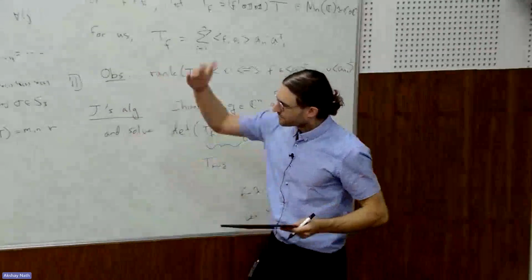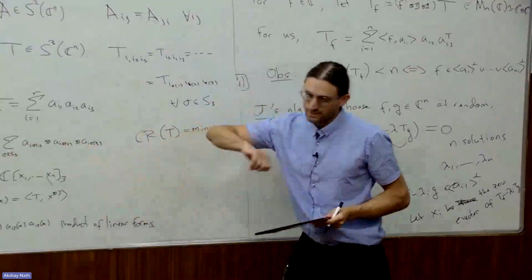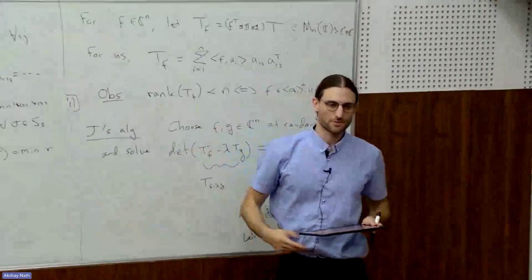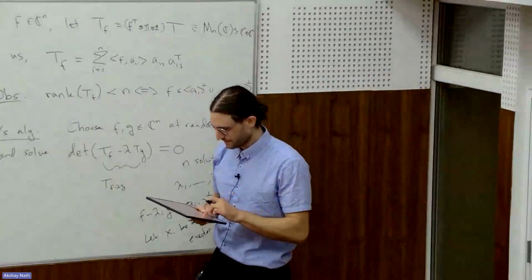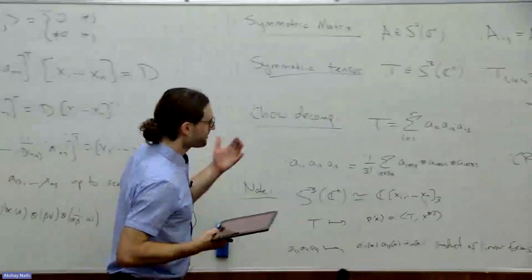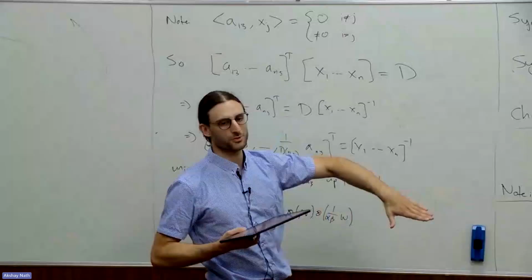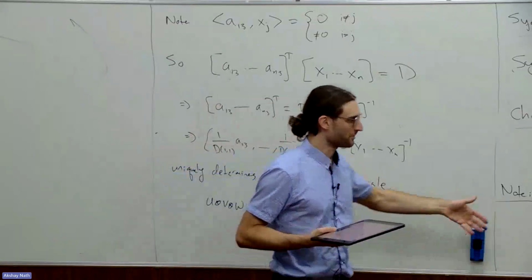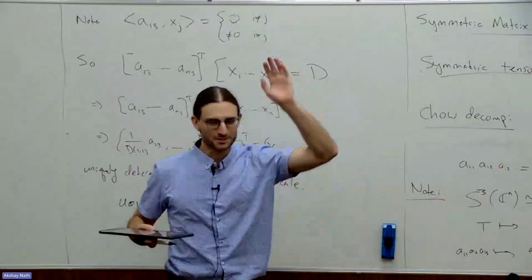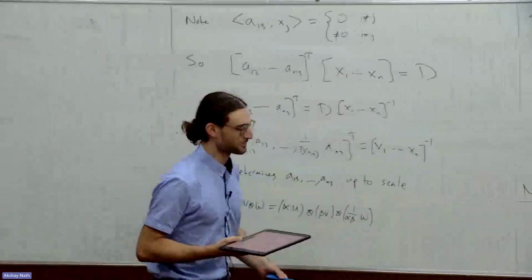If you view everything this way, you're trying to decompose a homogeneous polynomial into a sum of products of linear forms. This gives you an efficient way to evaluate that polynomial. If you had a small number of linear forms in the decomposition, it would be more efficient than writing out all the coefficients of the polynomial. So that's one application of this, and it shows up in algebraic complexity theory.